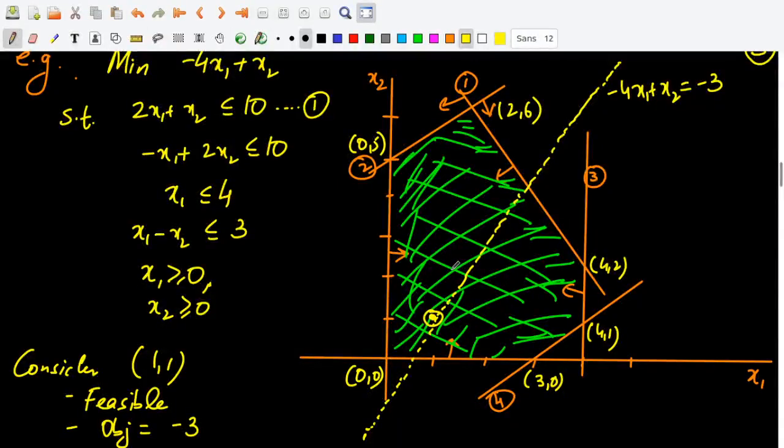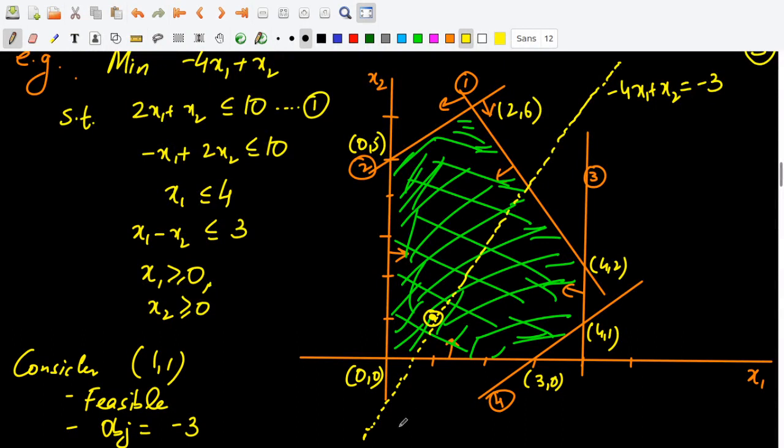Now if I want points with better objective function value, then I can try to move this line in some direction.